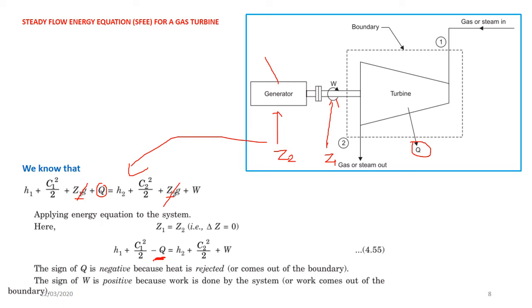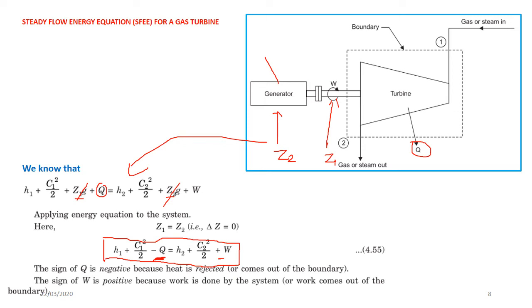Work done by the system is always positive, so it is plus W. This is the steady flow energy equation for the gas turbine: H1 plus C1 square by 2 minus Q equals H2 plus C2 square by 2 plus W. The sign of Q is minus because heat is rejected from the system, and W is positive because work is done by the system.